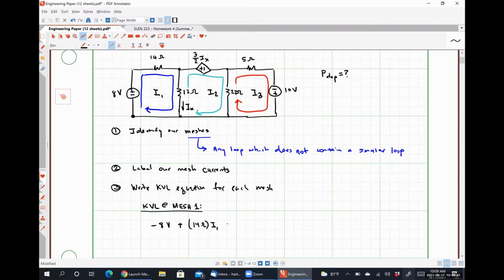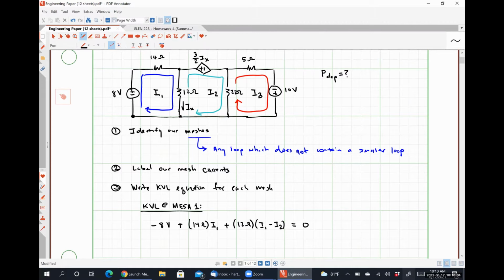When we get to the 12 ohm resistor, we're going to see something similar. 12 ohms, the resistance value, but the total current that flows through the 12 ohm resistor is I1 minus I2. We're going to set this equal to 0.